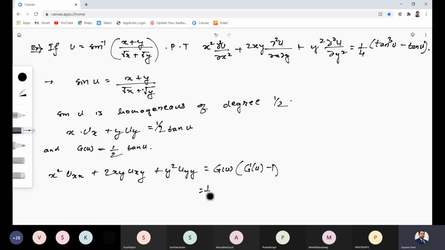So this is 1 by 2 tan u in bracket sec square u minus 1. Sec square u can be written as 1 plus tan square u, so 1 by 2 tan u in bracket 1 plus tan square u minus 1.